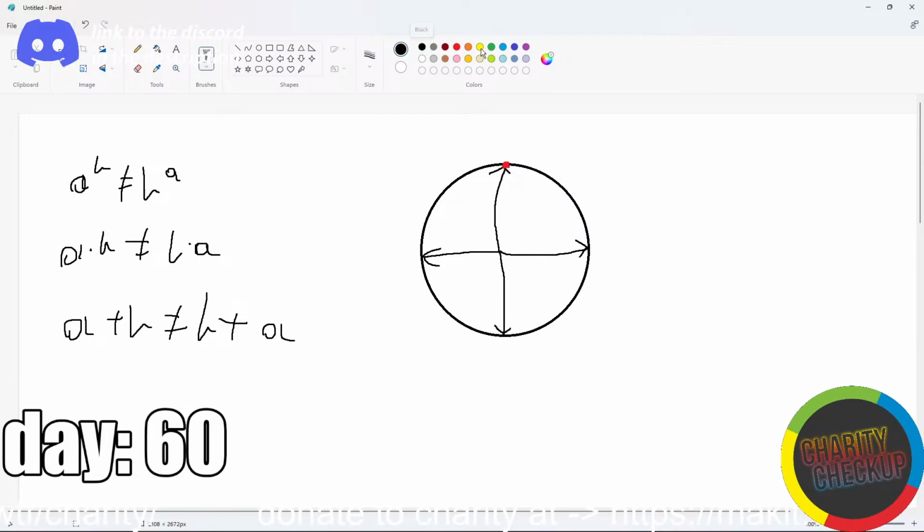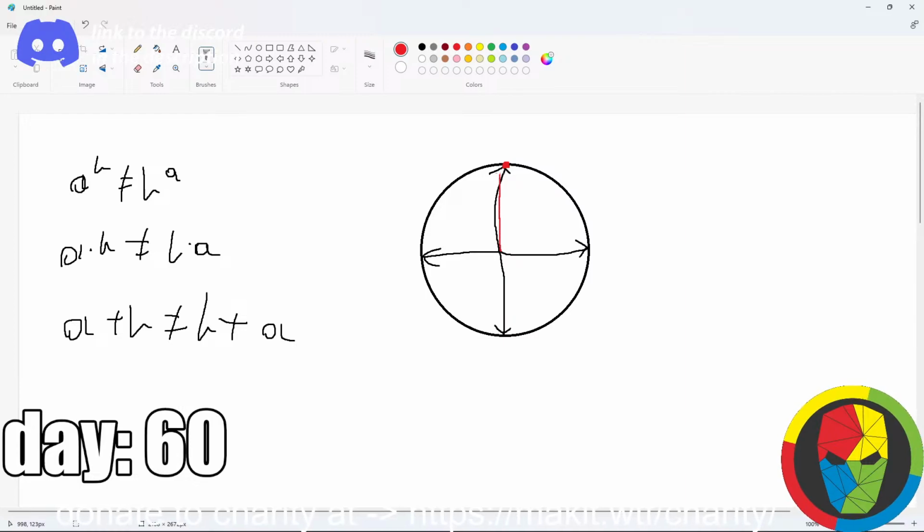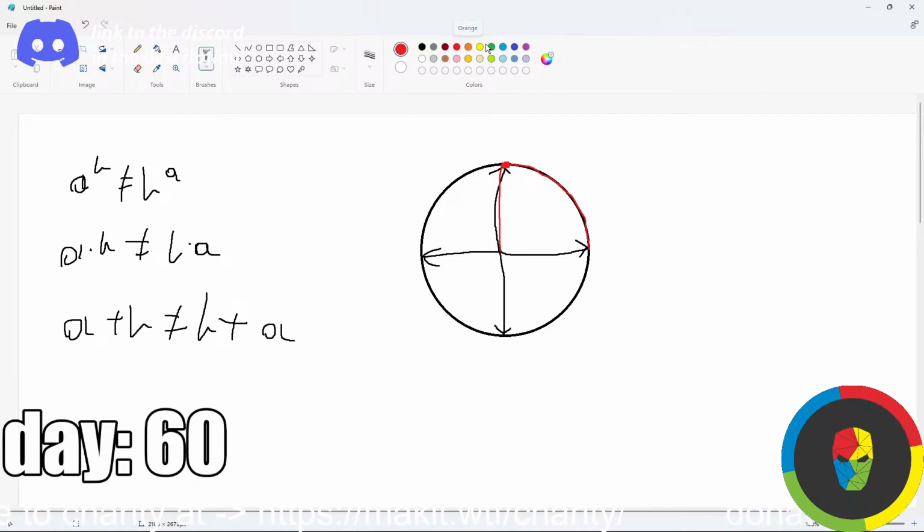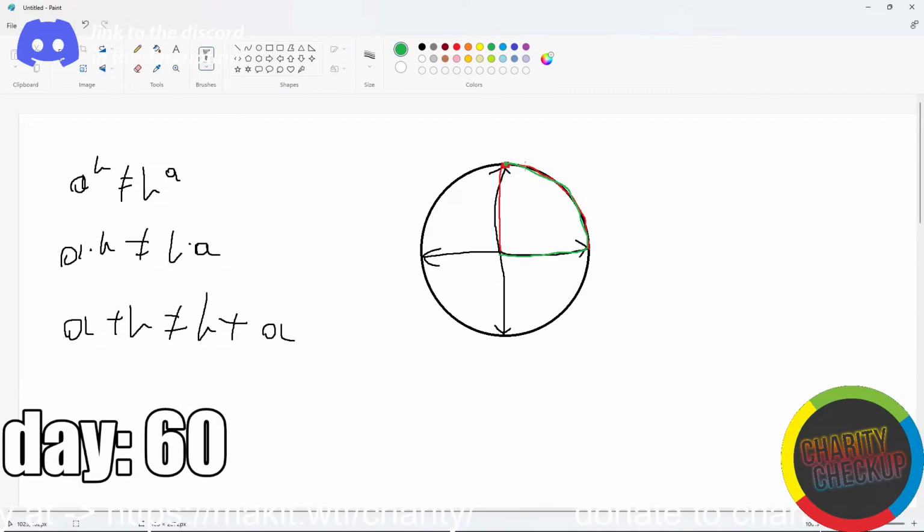If you move up and then move right, you'll end up over here. But on the other hand, if you move right and then up, then you end up over here.